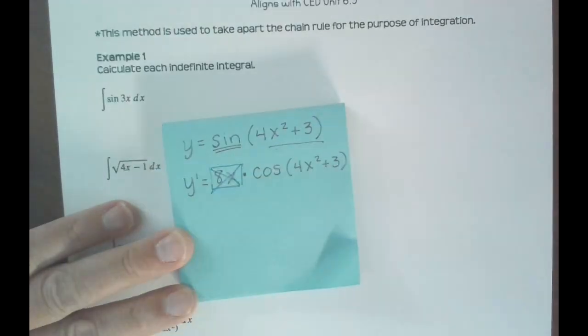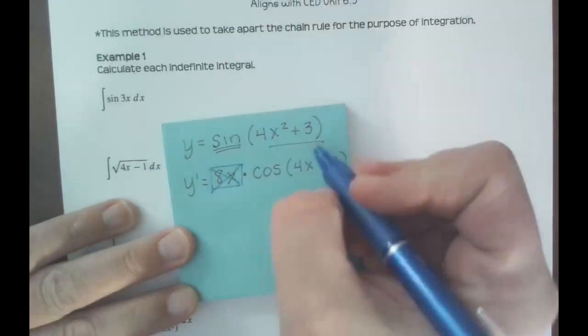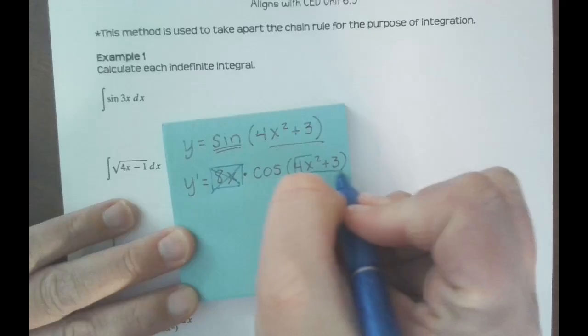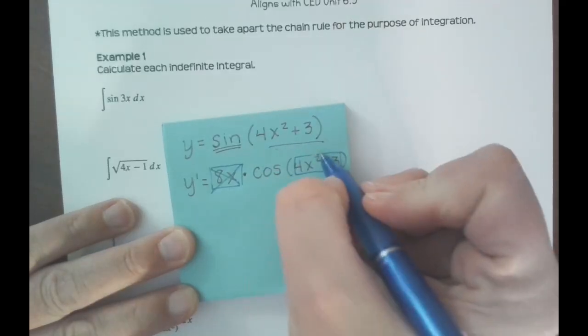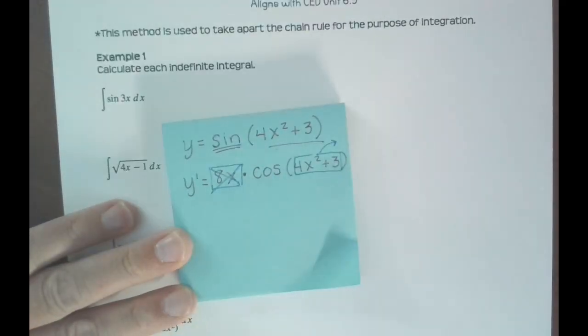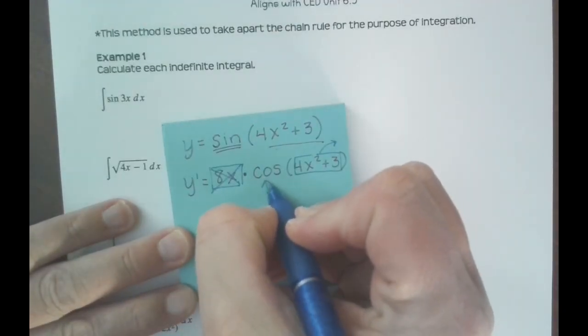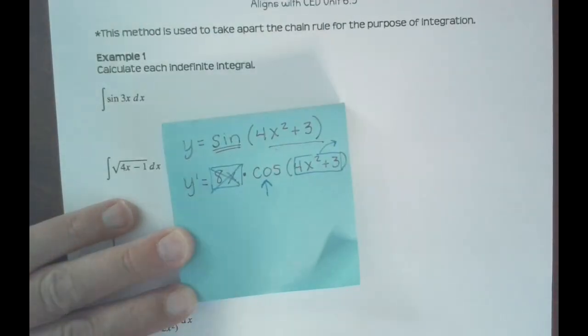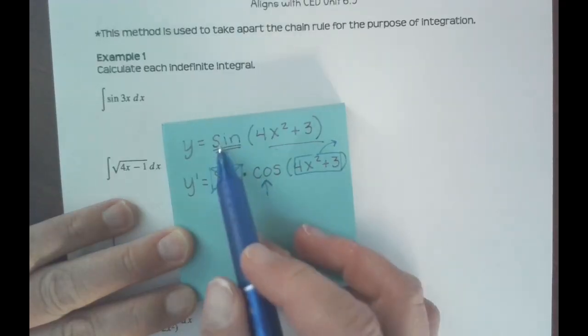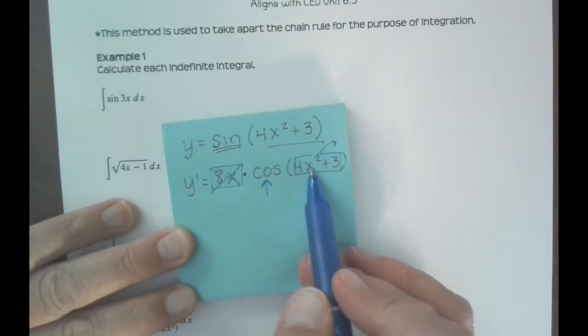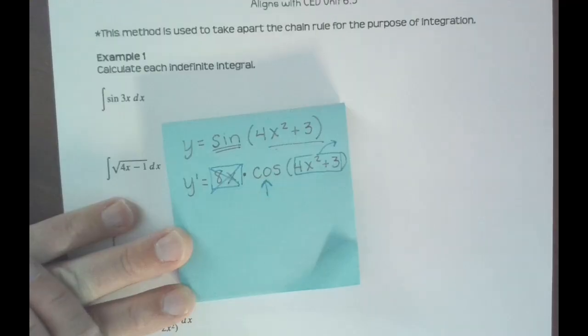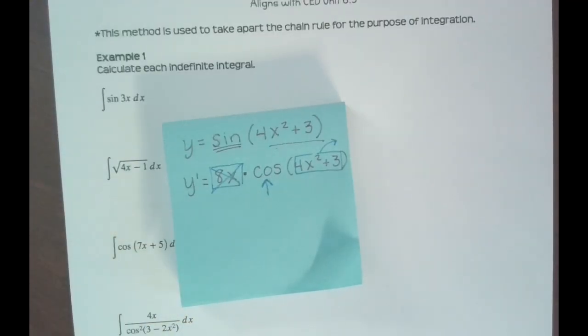That just came from that inside derivative. And then it kind of takes this thing and just sets it aside, okay? And I'll explain what I mean by that in just a minute, so that all you have to focus on is this cosine. And then you can say, all right, well, the antiderivative of cosine is sine, and then you can kind of put this 4x squared plus 3 back where it goes, okay?